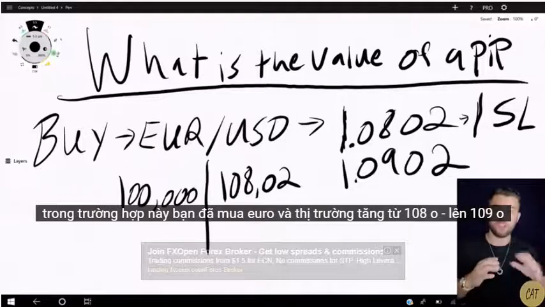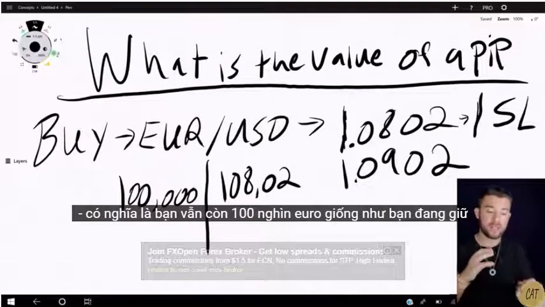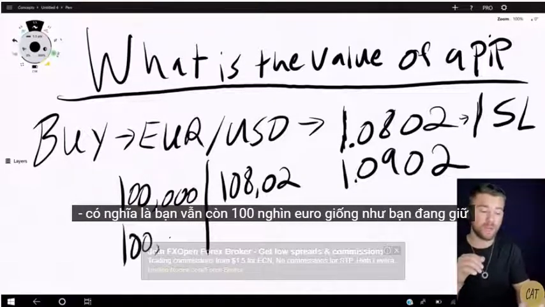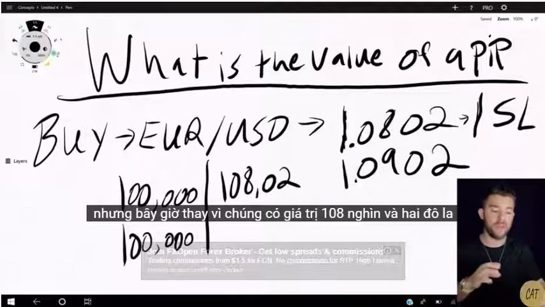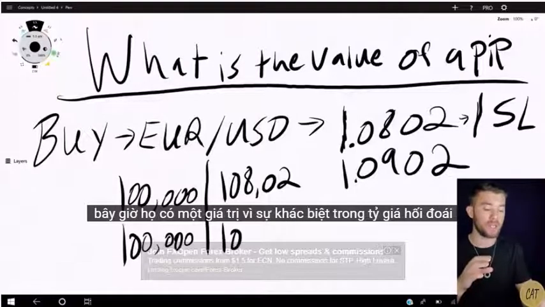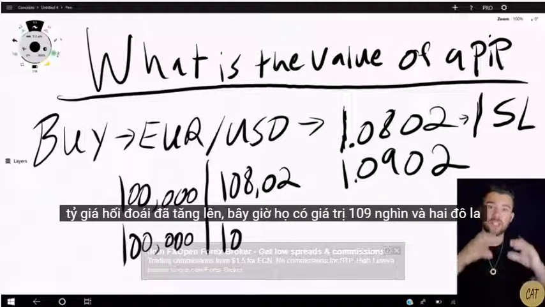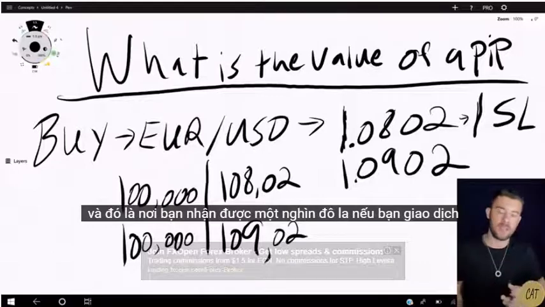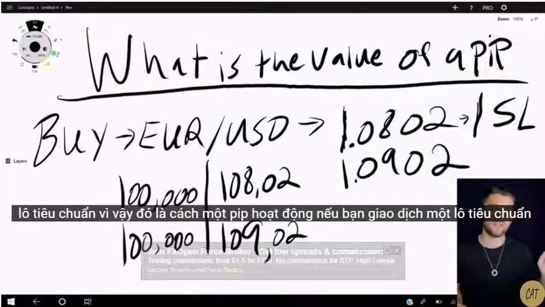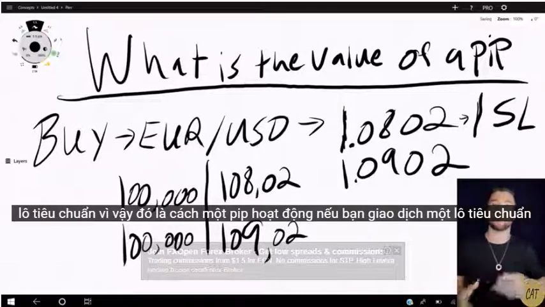In this case, you bought the euros and the market went up from 108.02 to 109.02, meaning that you still have the same 100,000 euros that you are holding, but now instead of them having a value of $108,002, they now have a value because of the difference in the exchange rate. The exchange rate has gone up. They now have a value of $109,002, and that's where you're getting that $1,000 if you're trading a standard lot. So that's the way a pip works if you're trading a standard lot.